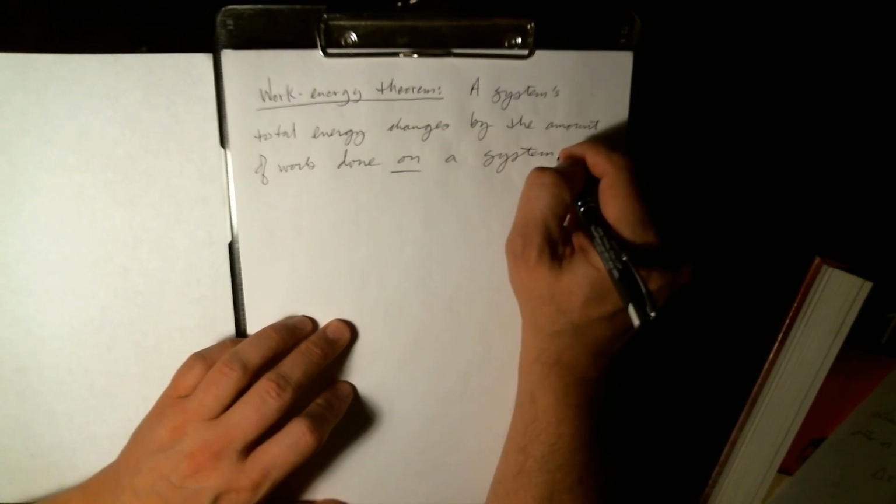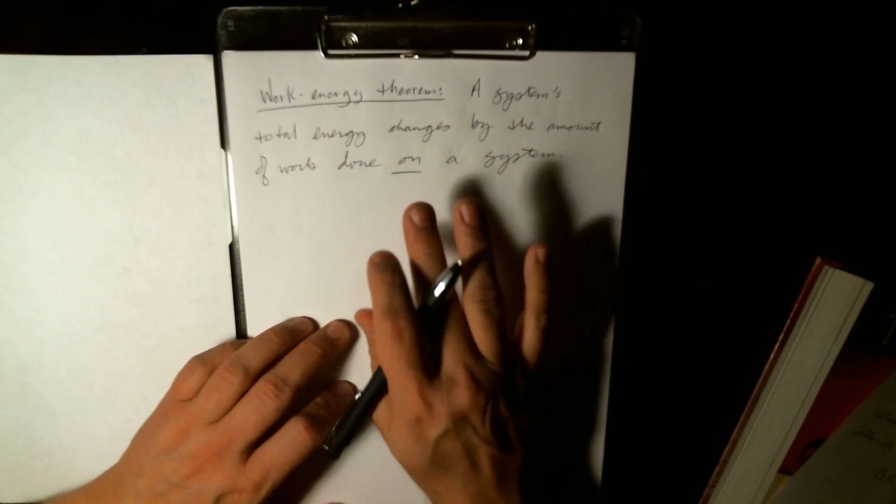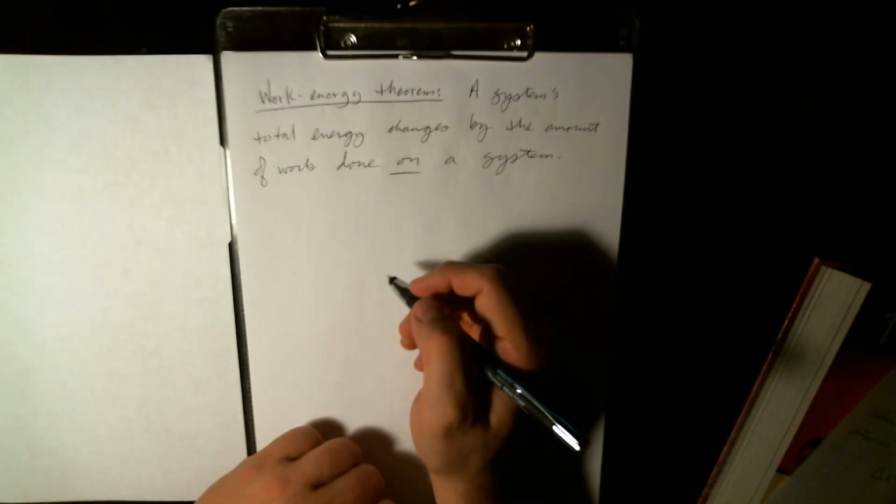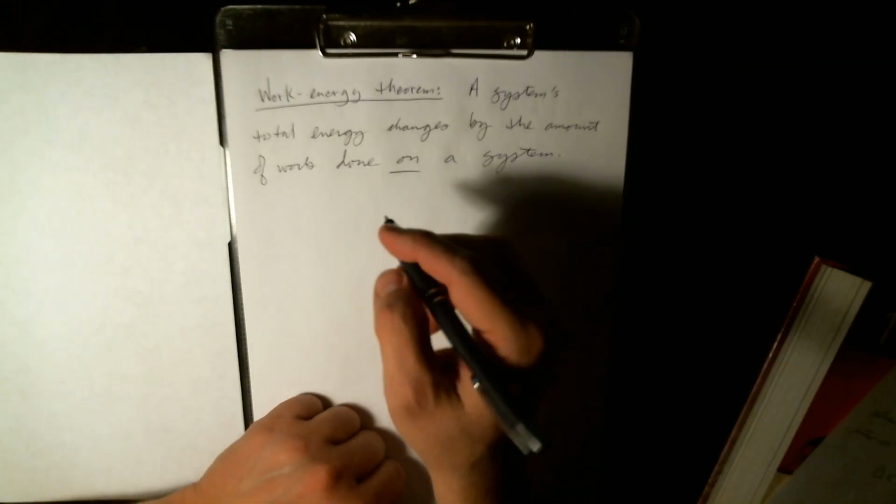This year we're going to be paying a great deal of attention to the words "on" and "by." But we're not going to get into that too much right now. I'm just going to give you a heads up that that's coming down the pike.